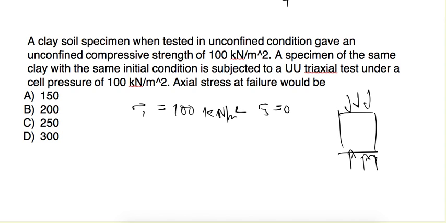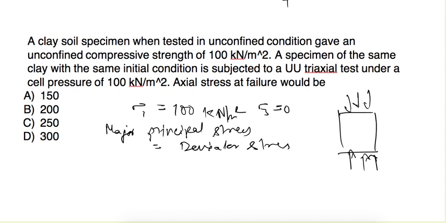So we can say that in the unconfined compression test, the major principal stress is equal to the deviator stress, because deviator stress is given as sigma 1 minus sigma 3, but sigma 3 is equal to 0, so it is sigma 1.